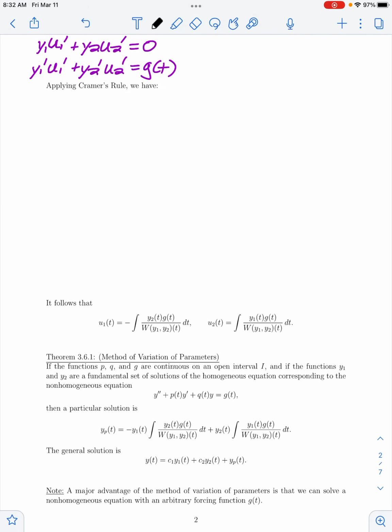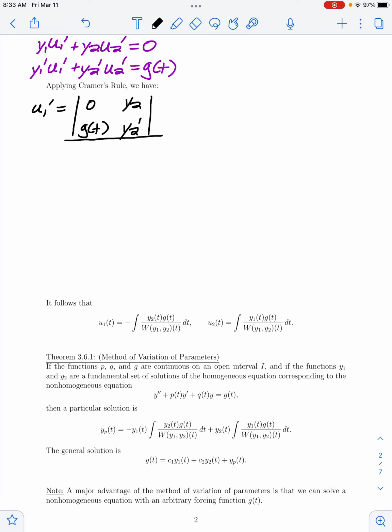I'm going to apply Cramer's rule, a result from linear algebra, which says that the first unknown variable, here u1 prime, could be found by taking the determinant of the 2 by 2 matrix, where the coefficients for u1 prime are replaced by the functions on the right-hand sides of my system, that is 0 and g of t, and the coefficients for u2 remain the same, y2 and y2 prime.